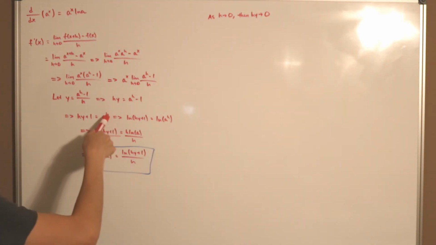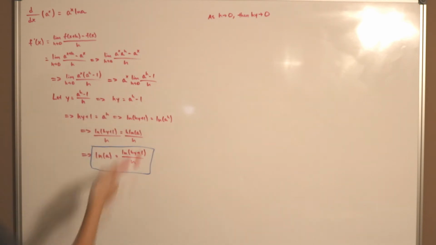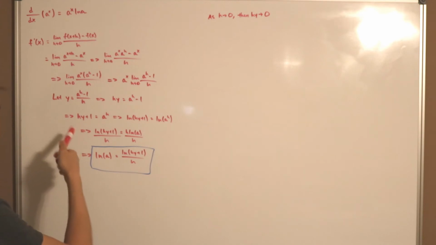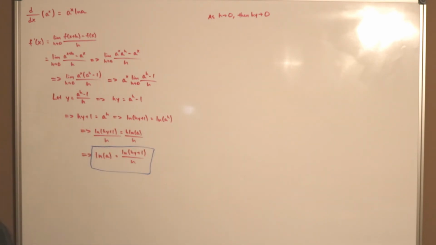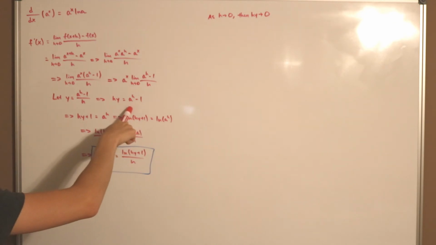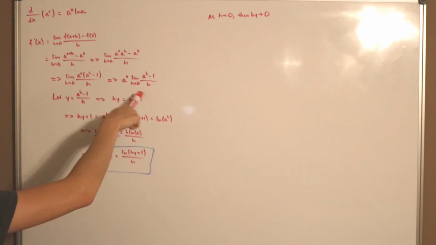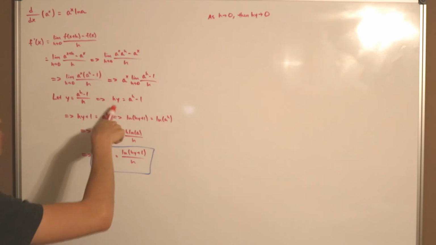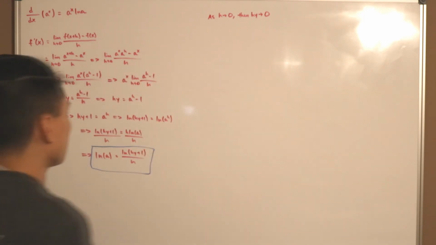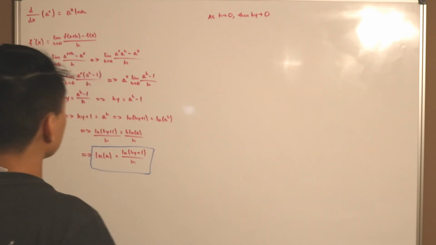As h approaches 0, a to the 0 is 1, minus 1 is 0, so the hy also has to be 0. Then hy has to approach 0 as well.